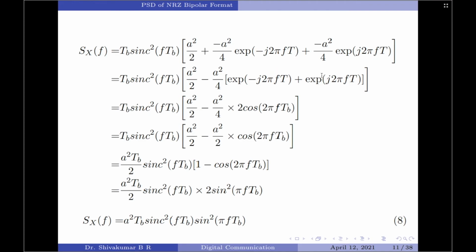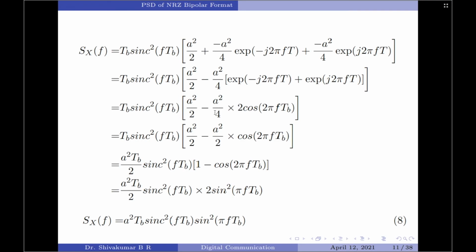Now looking into this term, you note that this is in the form of e to the power of minus theta plus e to the power of plus theta. If I rewrite it as e to the power of plus theta plus e to the power of minus theta, this will simplify to 2 cos theta. So this complete term will reduce to 2 into cos 2 pi f Tb.